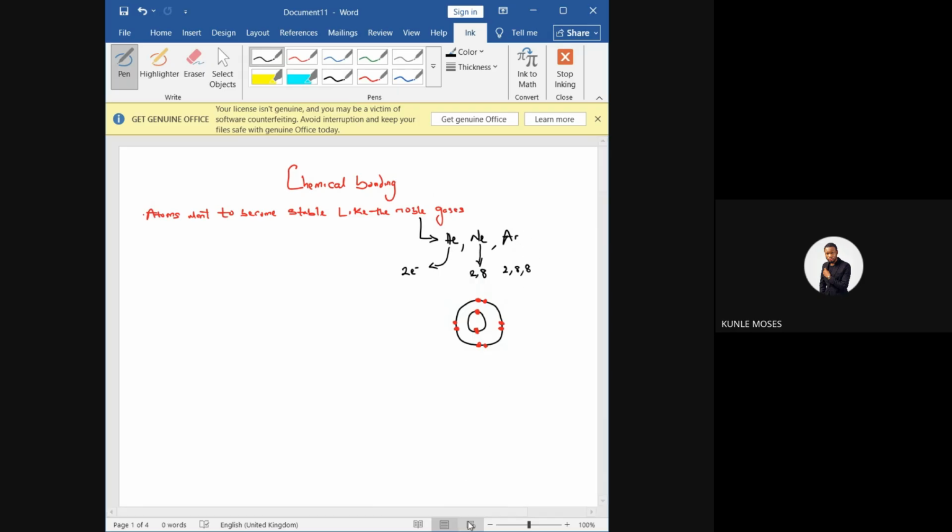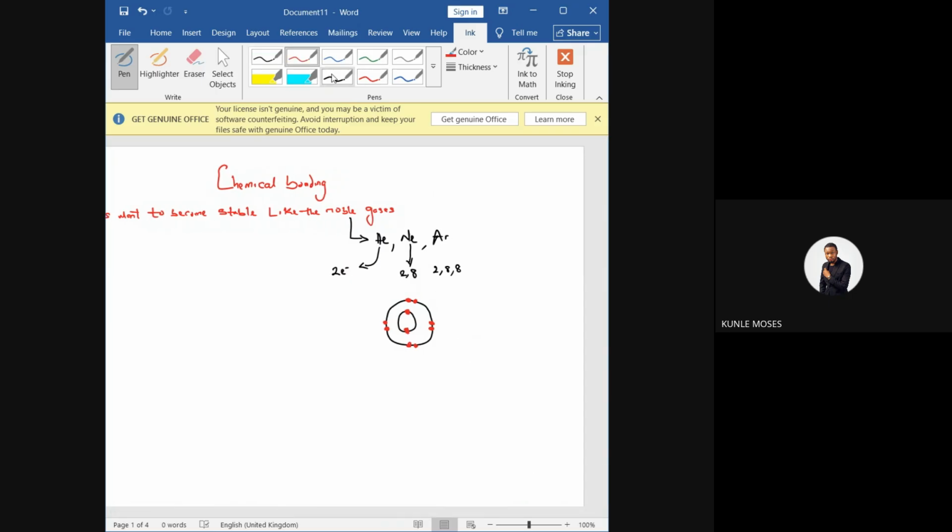If you are writing argon, since it's 2,8,8, we have 2 electrons at the first shell, 8 at the second shell: 1, 2, 3, 4, 5, 6, 7, 8. And at the last shell, we have 8 electrons: 1, 2, 3, 4, 5, 6, 7, 8.